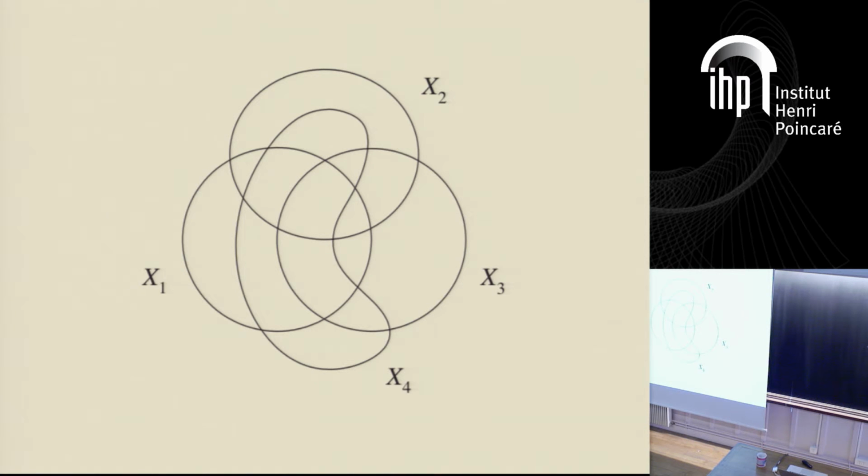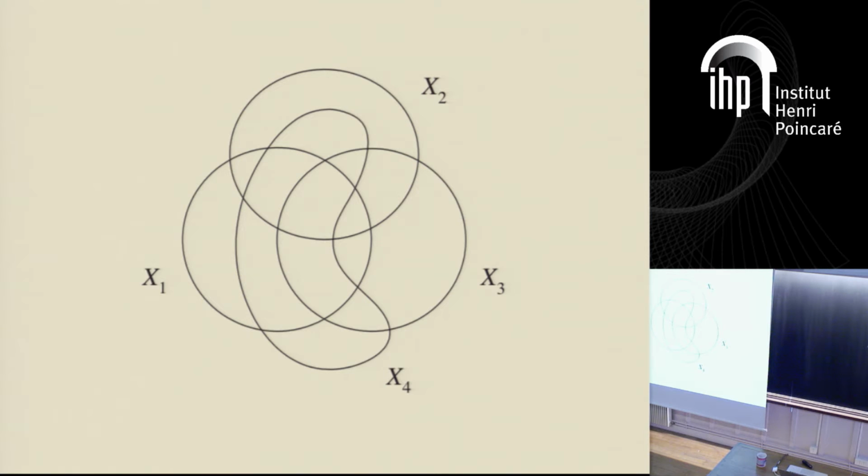I use this line to denote x1 tilde, and this line to denote x2 tilde, and this is the intersection. For 3 variables, we can use 3 circles. You just expand a line into a circle, and then you add in another circle. Then you can still manage to do this in 2 dimensions.